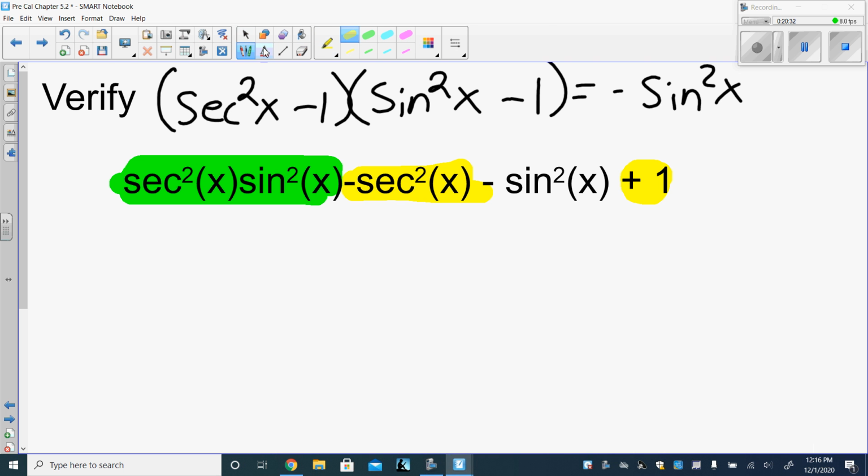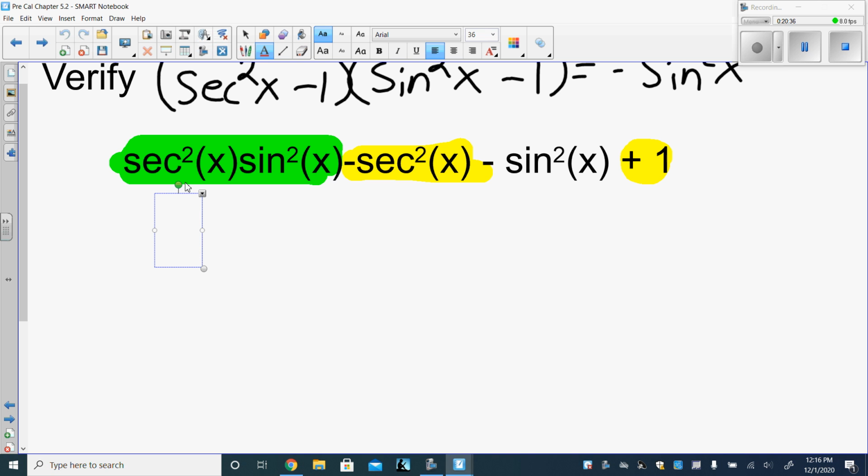Well, this here, secant squared times sine squared. Well, secant's the same as 1 over cosine.